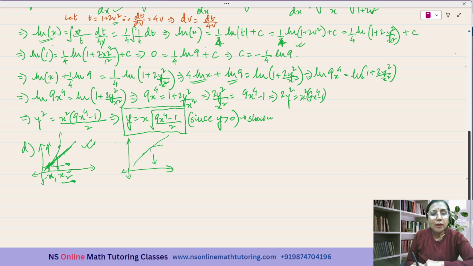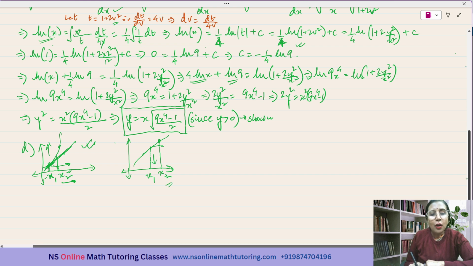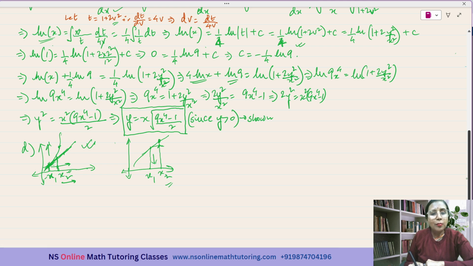This is x1, and maybe you want to find the value of y when x is equal to x2. Now you are again moving along the tangent, and the approximate y value that you will get for x equal to x2 will be more than the accurate y value. So because the value that we got through Euler's method is less than the accurate value, we can say that the graph is concave up.